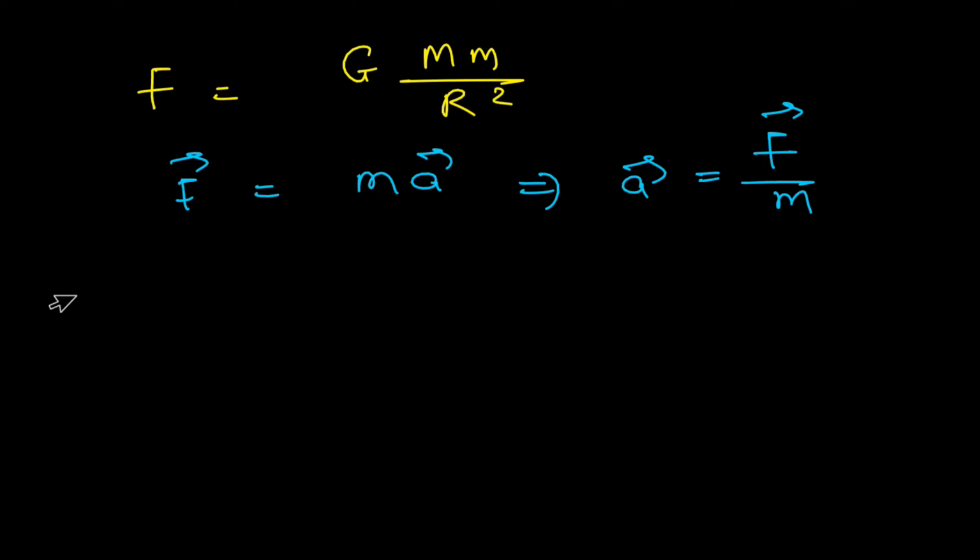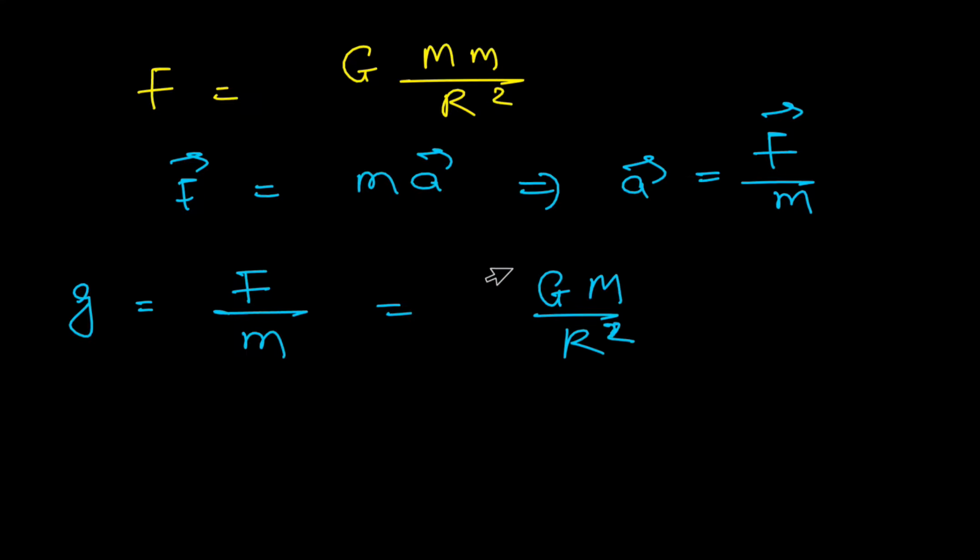So acceleration due to gravity, g, is equal to this force upon the mass of the body, which is equal to GM by r square, and its unit is meter per second square.